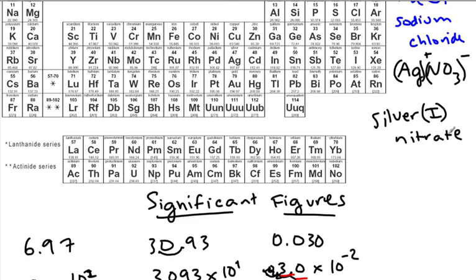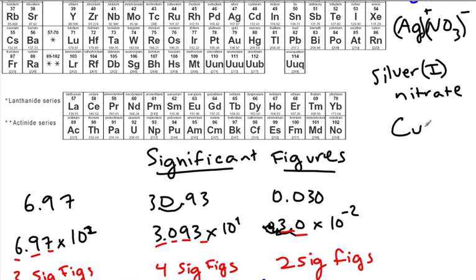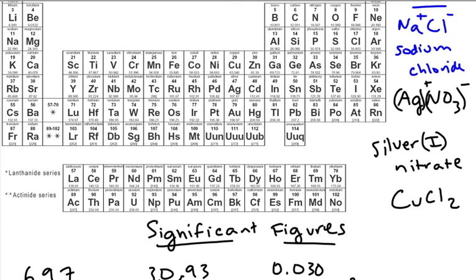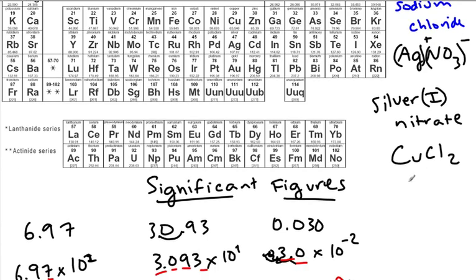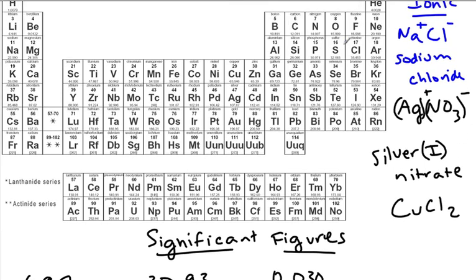nitrate. Next, we're going to want to deal with CuCl2. Let's say we had CuCl2, and we have to try to write a name for it. Well, the first step is to figure out the charges of each. Cu has more than one option, but Cl is only going to be minus. It only has 1 charge. So if Cl is only 1 and there are 2, that means the total charge of the Cl's in this compound is 2 minus.